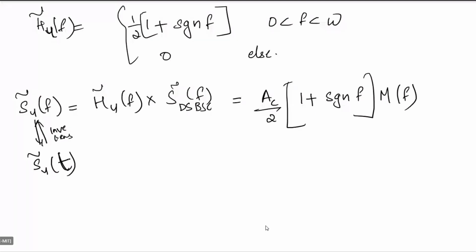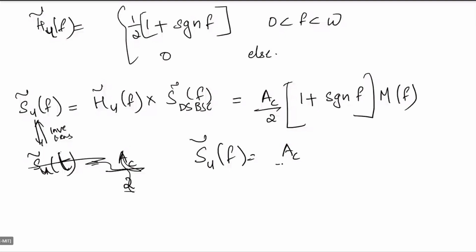In the time domain, SU tilde t will be the inverse transform of this. Splitting it, SU tilde f will be equal to Ac by 2 into M of f plus Ac by 2 signum f into M of f.